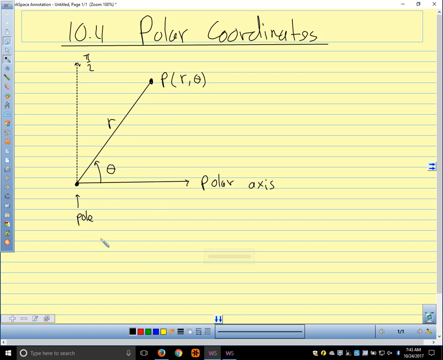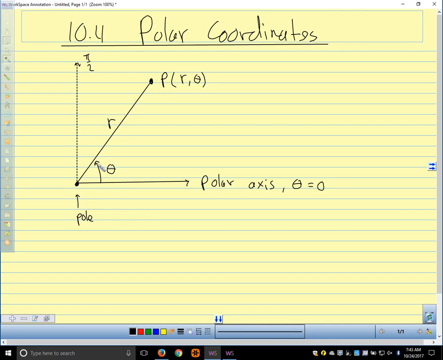So the origin is called the pole. The polar axis, we can also call the theta equals 0 axis. They use those interchangeably, the theta equals 0 axis or the polar axis. This is just the pi over 2 axis. r is the directed distance from the origin to the pole, so we can have our radius be positive or negative.